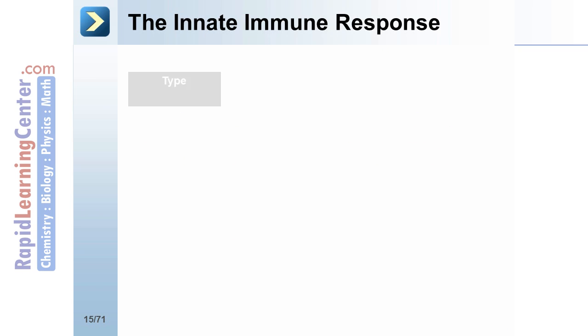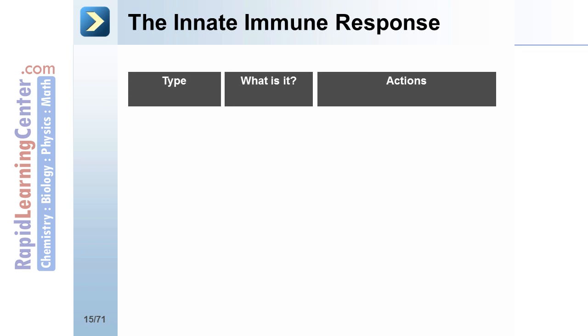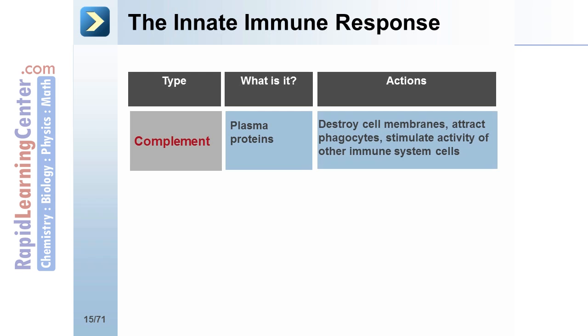In the innate immune system, the immune response is a broad-based defense mechanism that attacks pathogens in a sweeping, nonspecific attack. Innate immune system responses include complement.